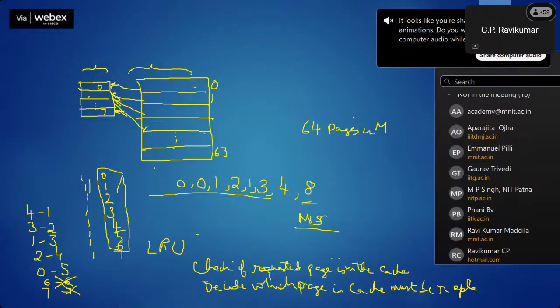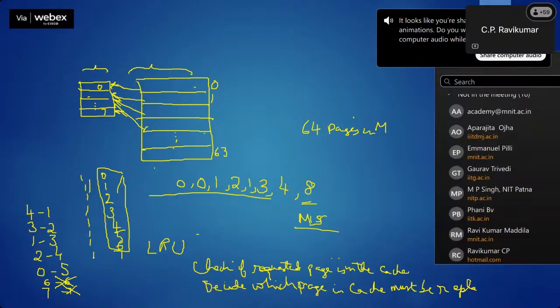Then there are two policies that we use. One is called write through, and another is called write back. Write through means it will update both the cache and the main memory, whereas write back means it will update only the cache. So if you are using write back, then if you have updated the cache, there is a bit called the dirty bit.